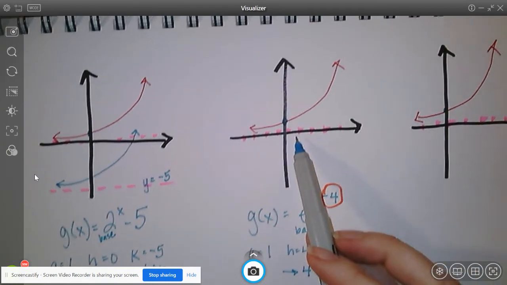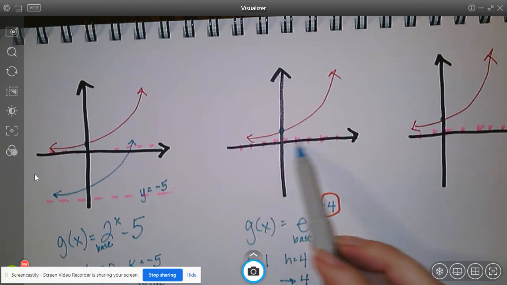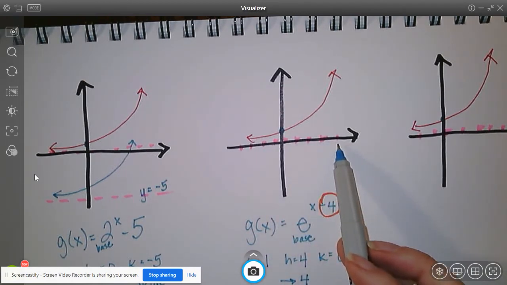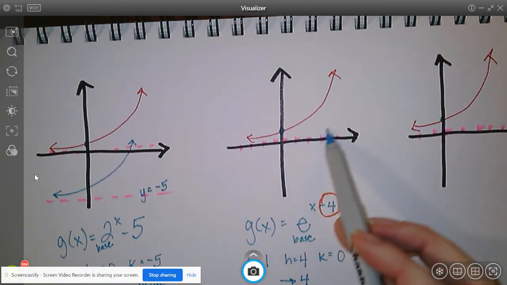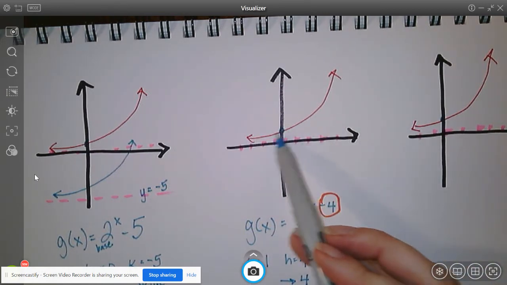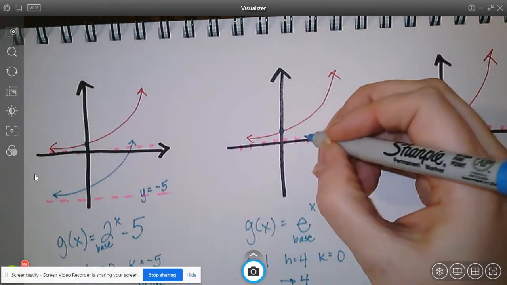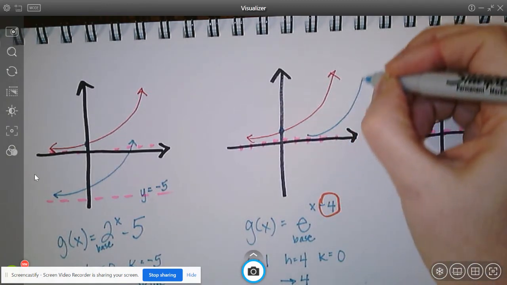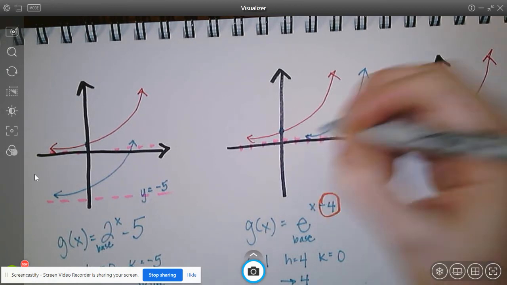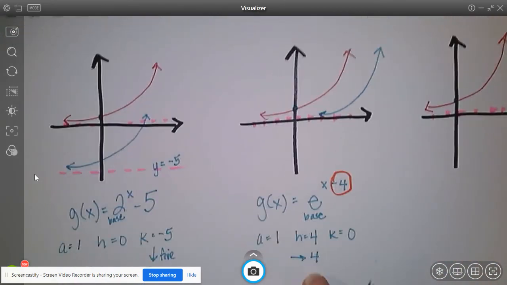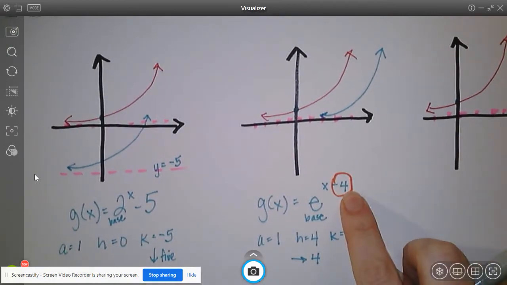So you'll notice when I graph this, this asymptote is not going to change. My asymptote is still at 0. So I still have a barrier down here, except this whole thing is just going to shift to the right 4. So I'm just going to draw it kind of like over here. Okay. So there was a k change, there was an h change.